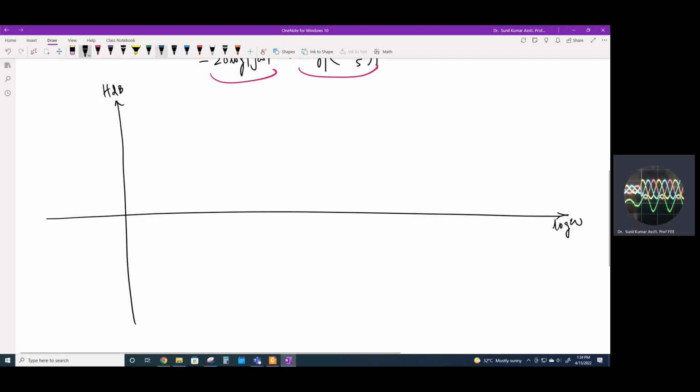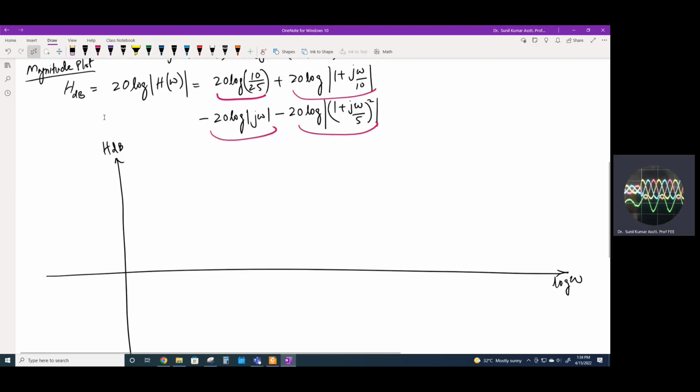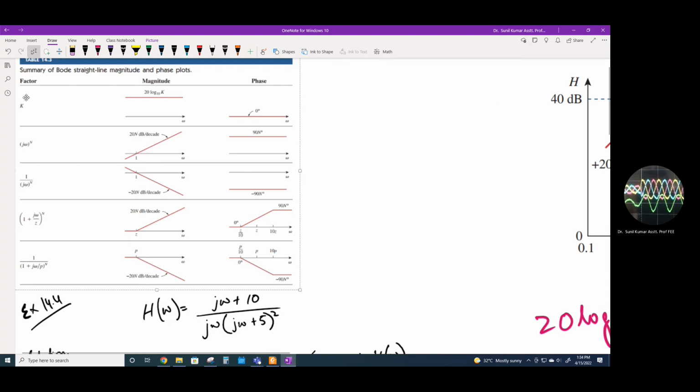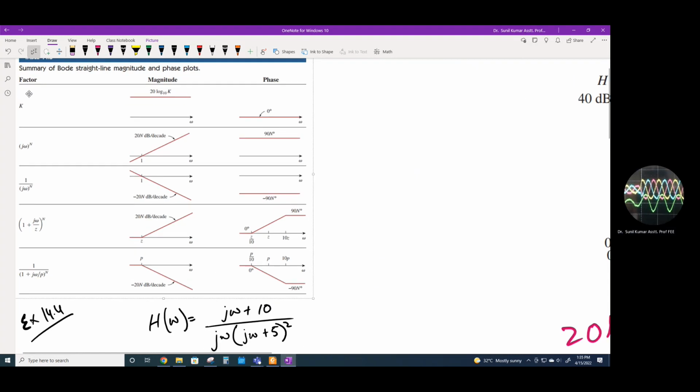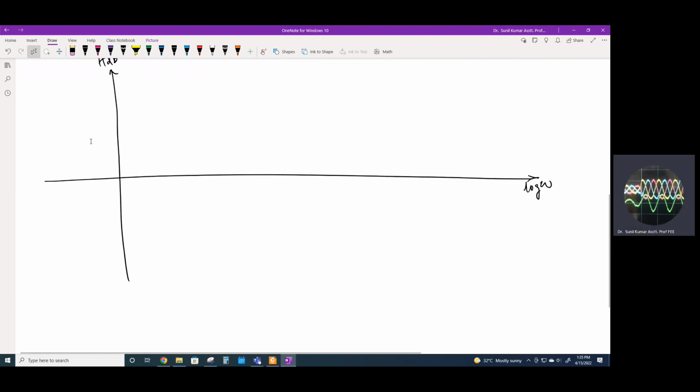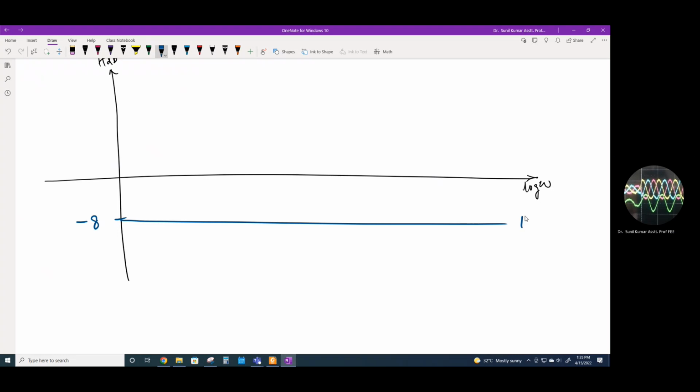So I have a constant line using this table which is shown here. The first factor K, 20 log of K, is just a horizontal straight line. So let's suppose this is minus 8 dB here. I will just draw a horizontal line. Let's call this line number 1.